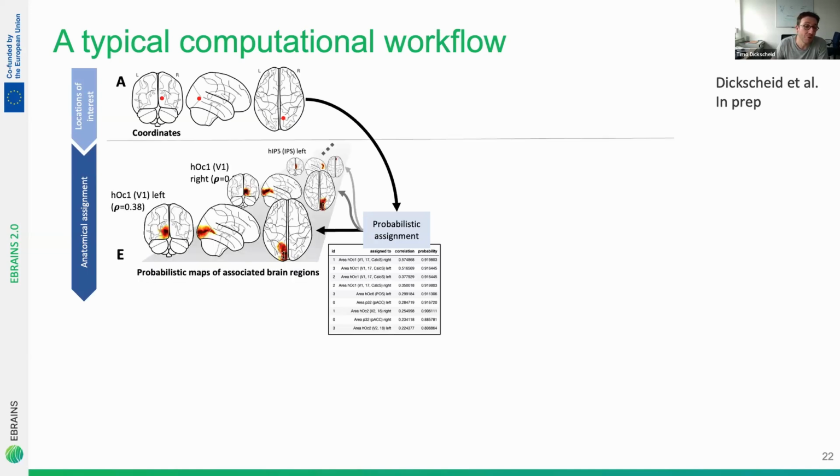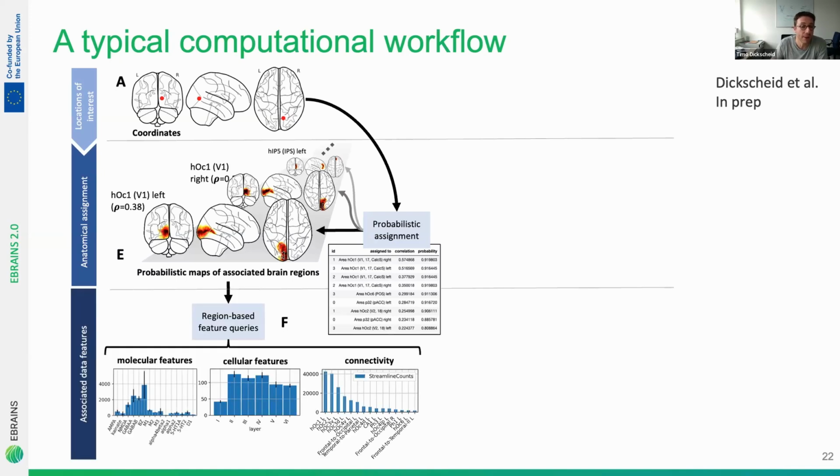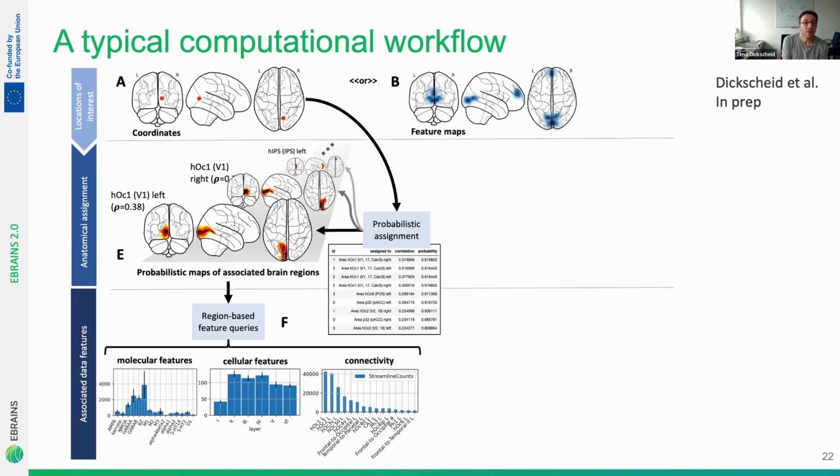From there, you can retrieve the probabilistic maps and all the information about these regions, of course, and you can use these to query for multimodal features that have been linked with these brain regions. This is one part. Often you don't have a specific point, but you might have an image carrying some information. For example, an fMRI activation map that shows you some blobs of activation in the brain.